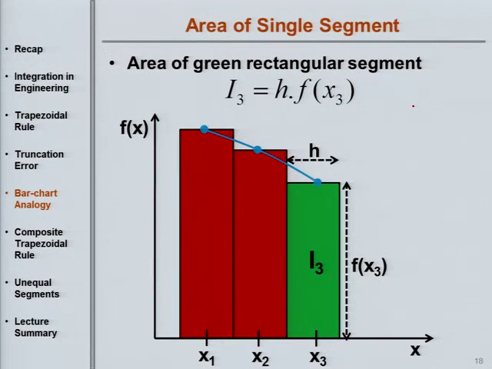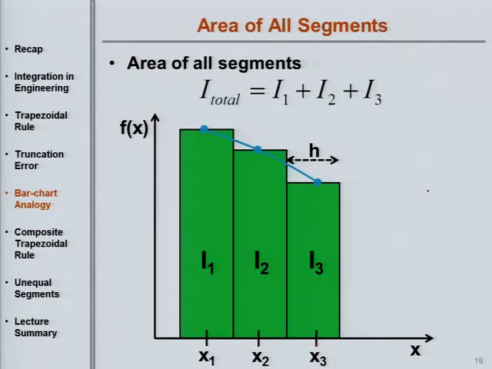It's to use rectangles. That's an even simpler way of doing things. The area of the rectangle is just going to be h times the function value at that particular point. And so we could do that for the 3 of them and sum them up. Then we make an estimate of the total integral as being the sum of those three rectangles.